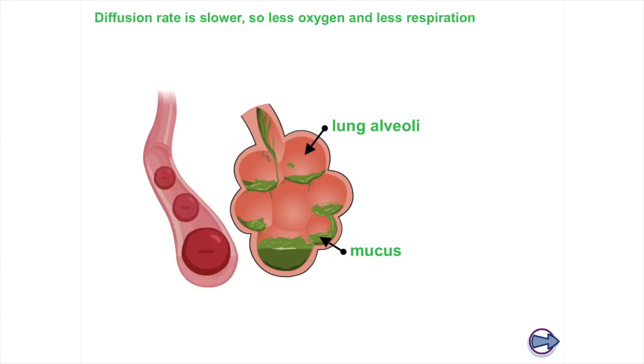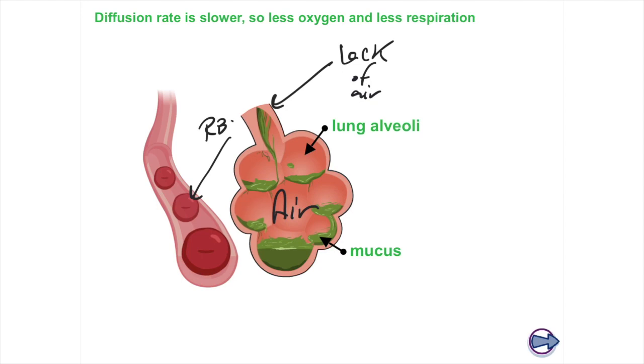So right here we see that the lack of air getting to the alveoli and the increase of distance between the air inside the alveoli and the red blood cells found in the capillaries nearby both contribute to the lack of gaseous exchange.